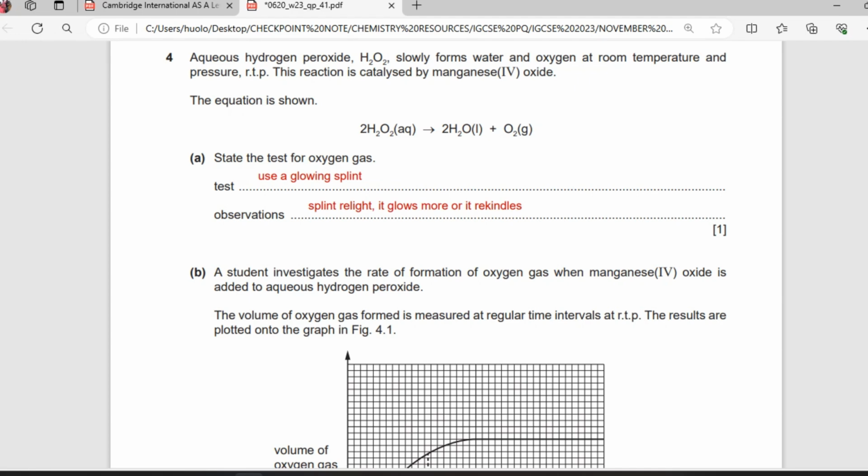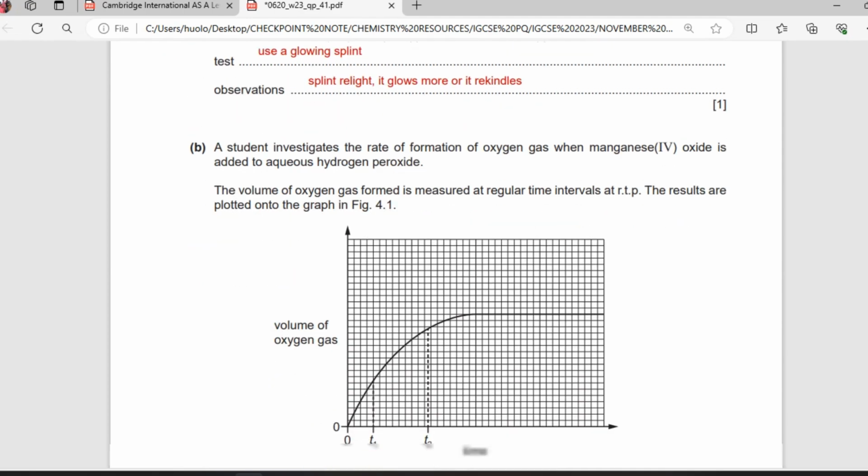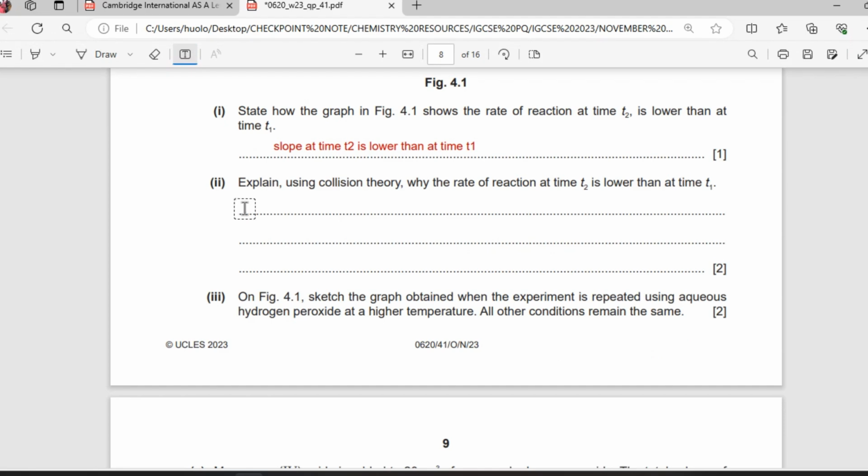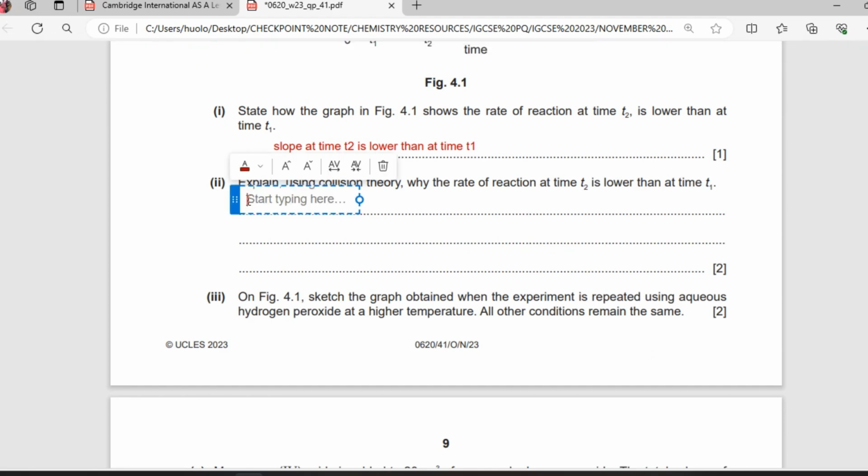It is because the hydrogen peroxide is being used up, and so there will be fewer collisions between the molecules or the particles of hydrogen peroxide. Okay, so let's get started.